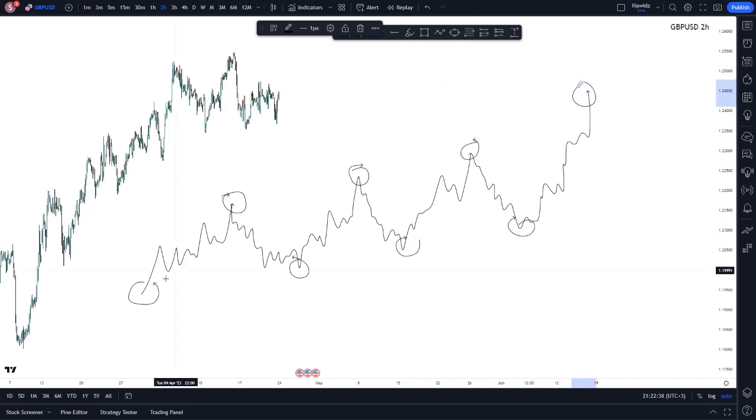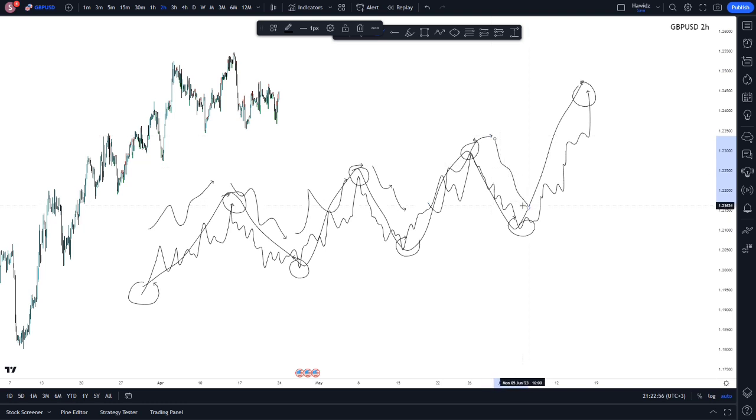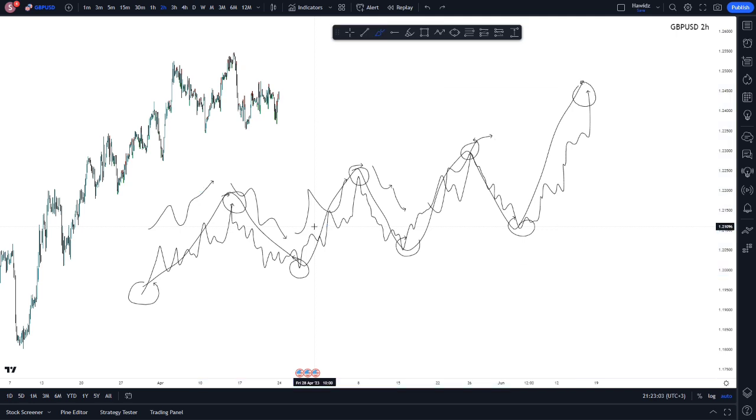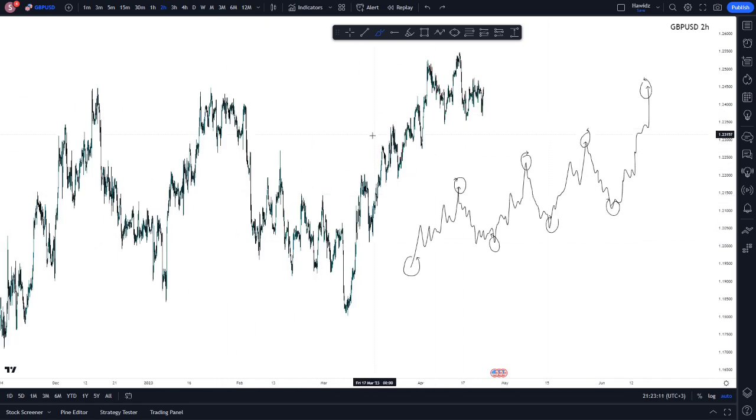So what Wyckoff really shows us is this bigger picture that most of the people are missing out on, that we're in the context of a very bullish market, regardless of these shifts of bullish, bearish, bullish, bearish, right? Regardless of these shifts, the overall structure, what price is screaming to us, is that, hey, you know what? I'm bullish and I'm going to remain bullish for a long period of time. This is what most of the people have been missing out on.